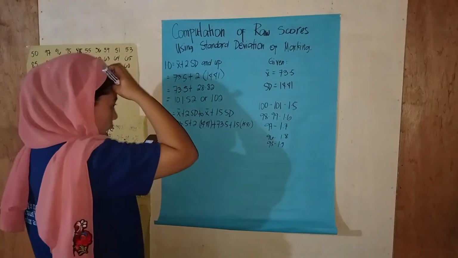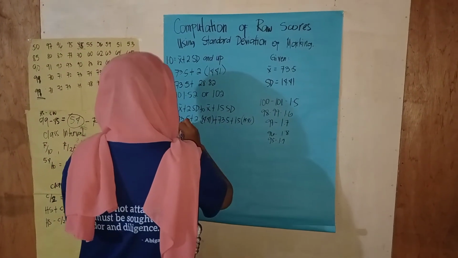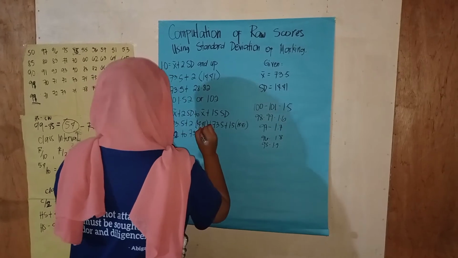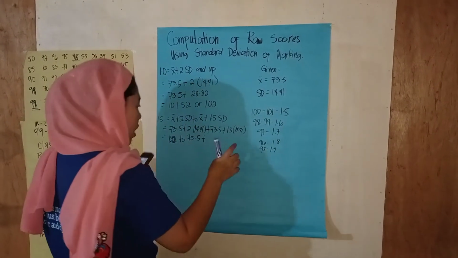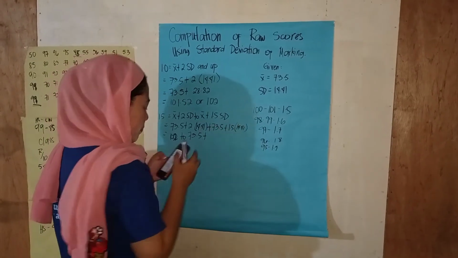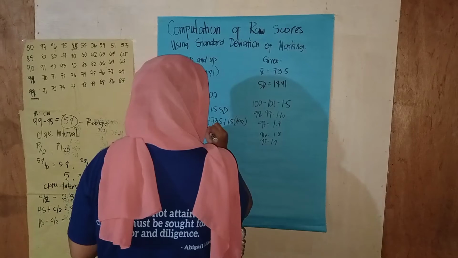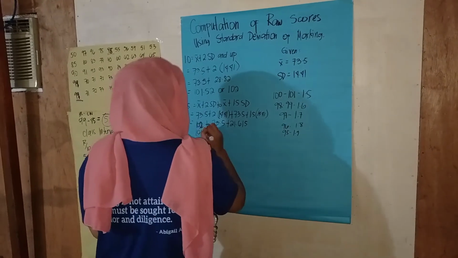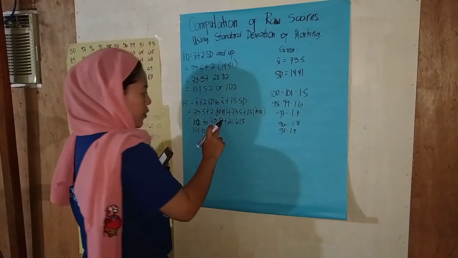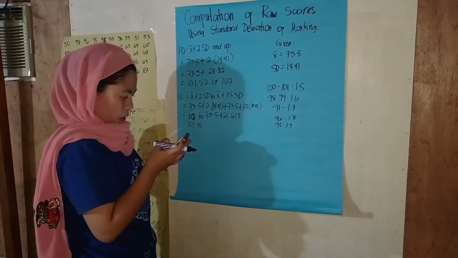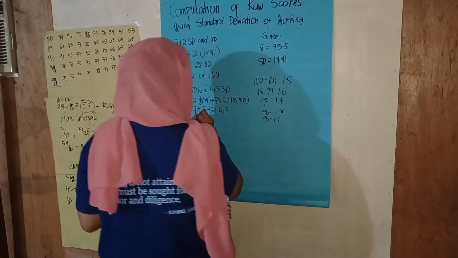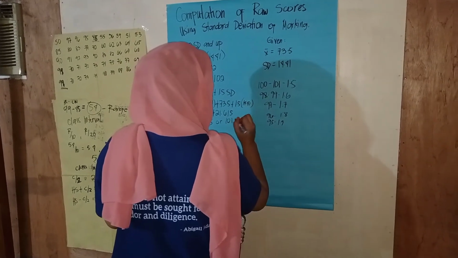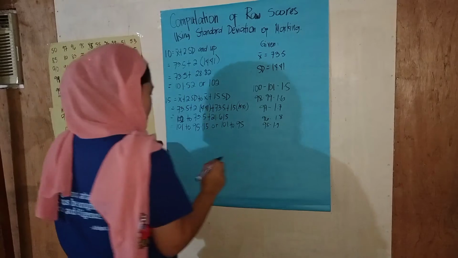Our given 101 to our mean 73.5 plus 14.41 times 1.5 equals 21.615, equals 101 to 73.5 plus 21.615 equals 95.115, or 101 to 95.